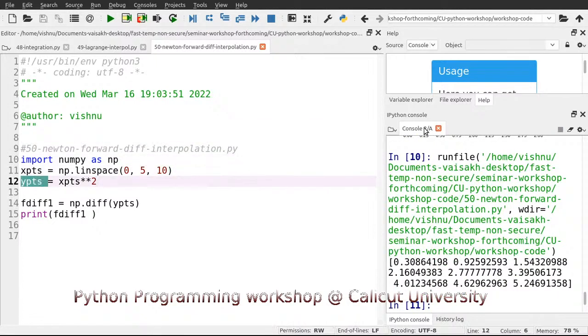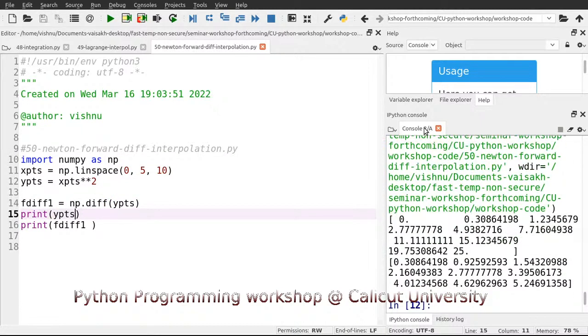Let us see the y values also. So the y values are here 0, 0.3. So the first difference is 0.3 itself because we are starting with 0. Next is 1.23. 1.23 minus 0.3 is around 0.9. That's perfect, that's correct. So first differences are out here. The good thing with np.diff is that we don't have to do it in a loop. Otherwise, we may have to do it in a loop.